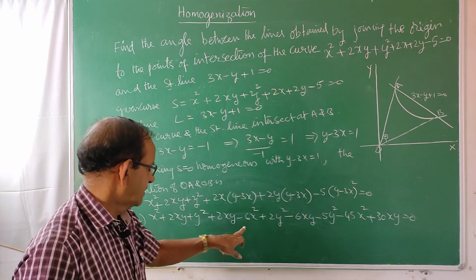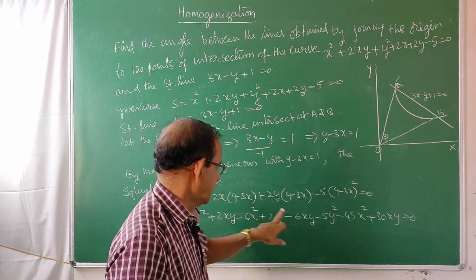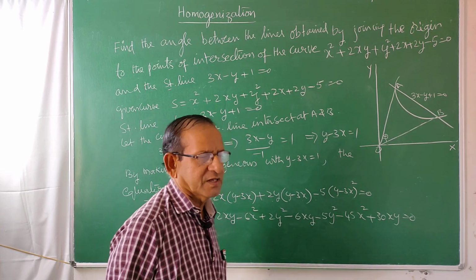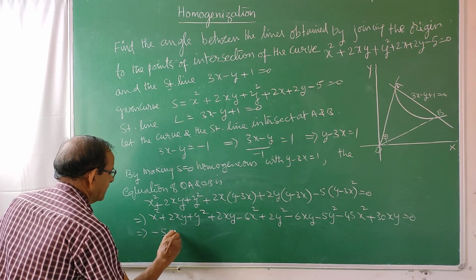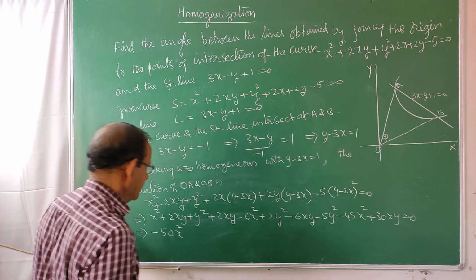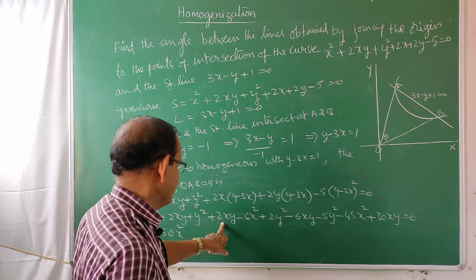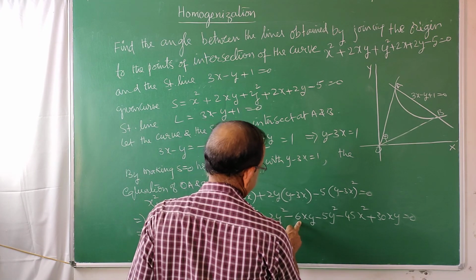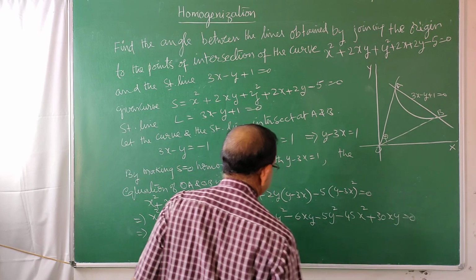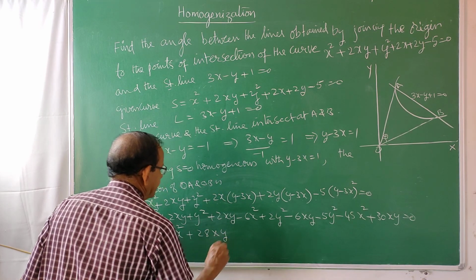x square minus 6x square means minus 5x square, minus 45x square, that is minus 50x square. Next xy term, 2xy plus 2xy, 4xy minus 6xy minus 2xy plus 30 means plus 28xy.